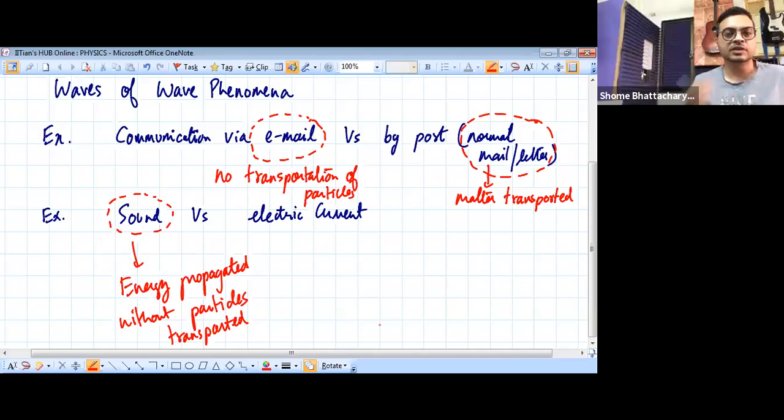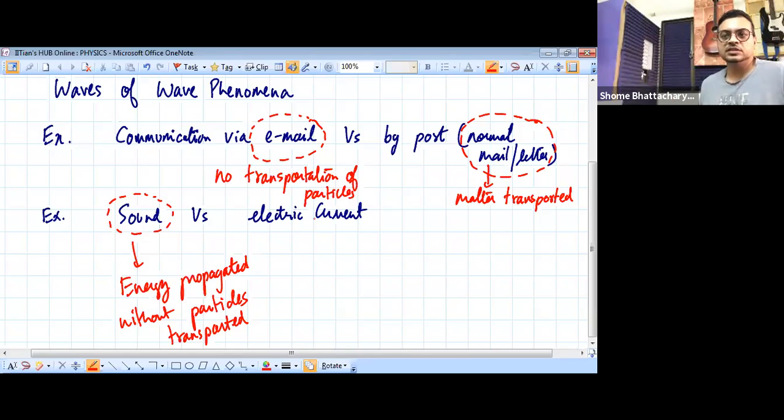They are vibrating only in place, and another set of particles around them are vibrating in place. Another set of particles around them are vibrating in place. And like that, ultimately some kind of vibrational mechanical energy reaches the eardrum of the listener. As a result, both energy and information are propagated, but actual physical particles are not transported all the way from the source to the receiver.